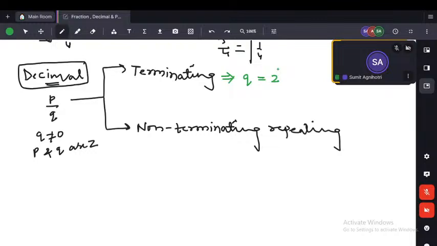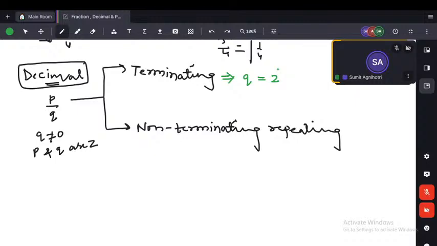For a terminating decimal, you can have an example like 7 over 4. Then you can say this 4 is of this form: 2 raised to the power 2, 5 raised to the power 0. That's why it is terminating.